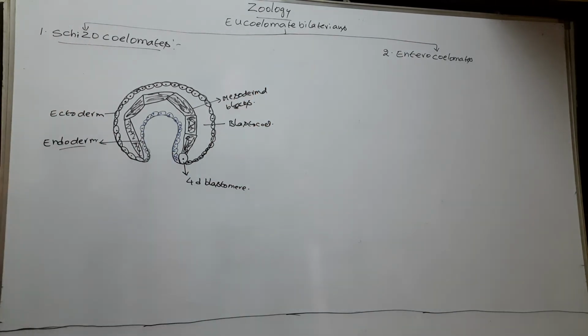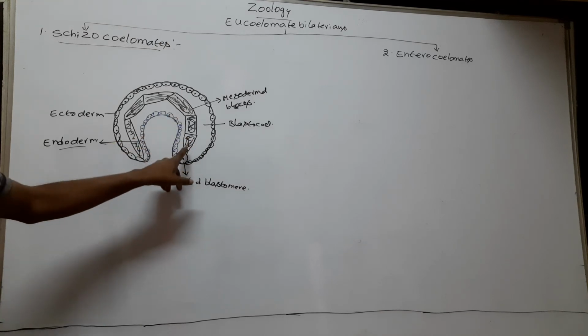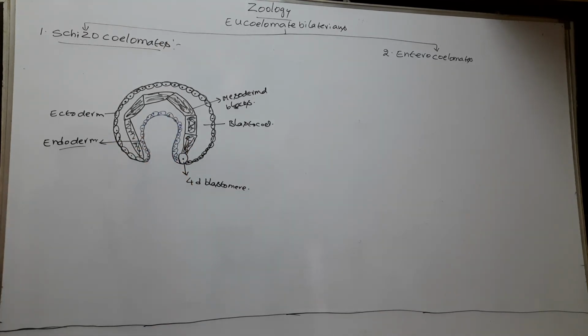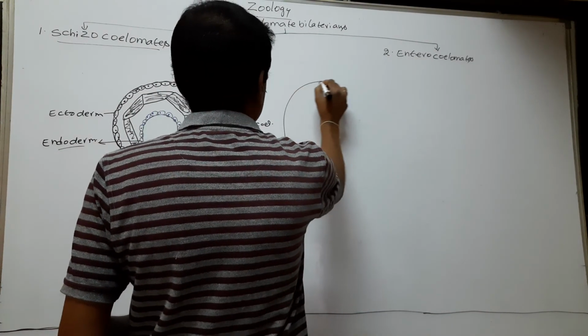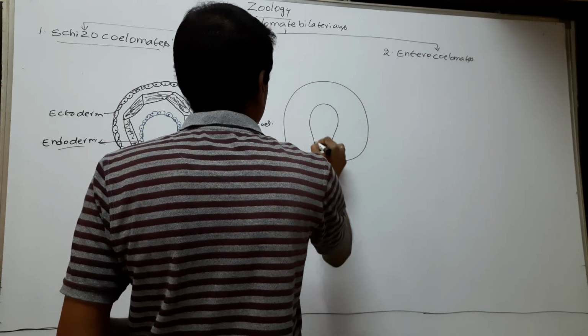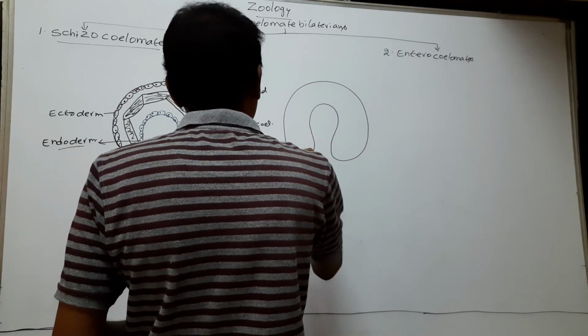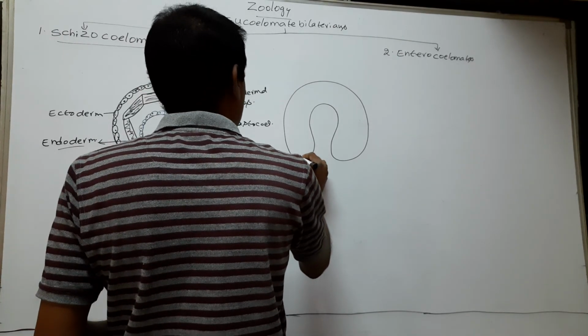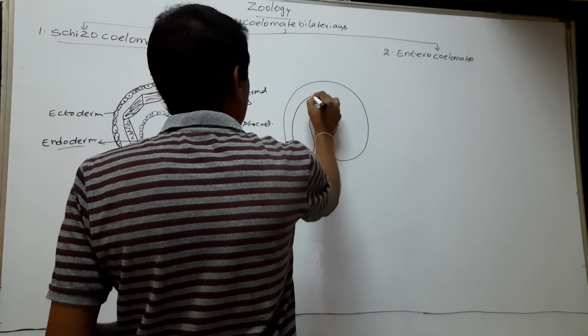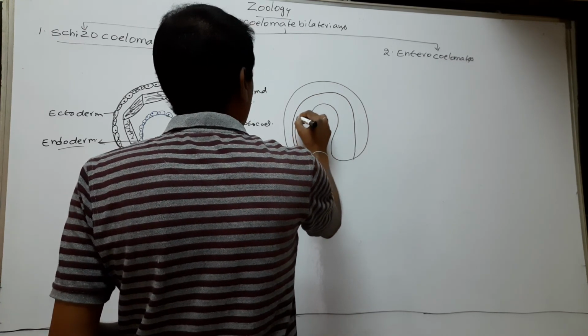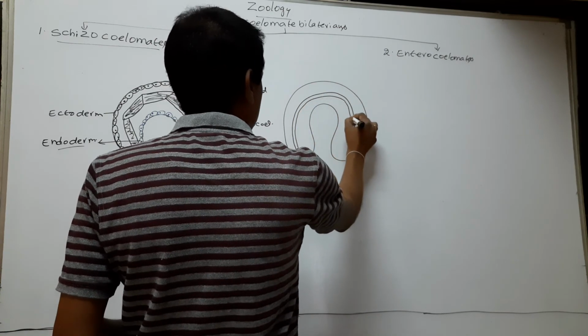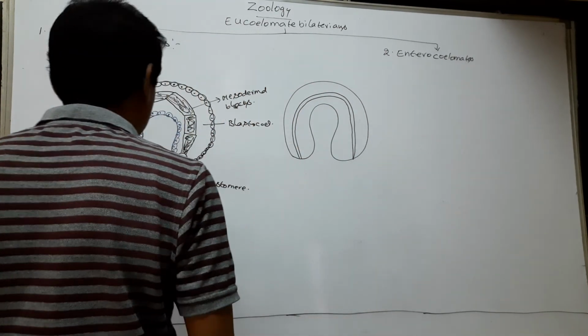Later, the mesodermal blocks split into two mesodermal layers or mesodermal epithelial layers.